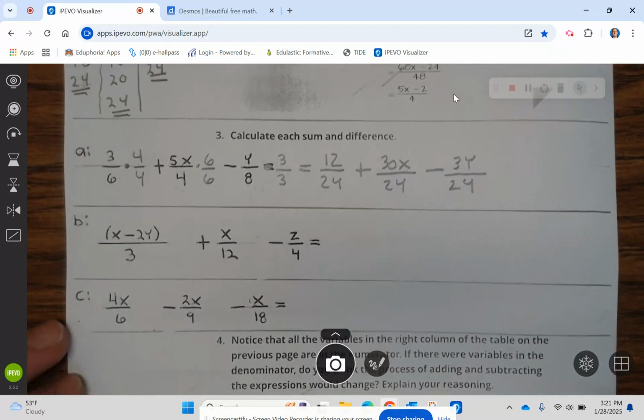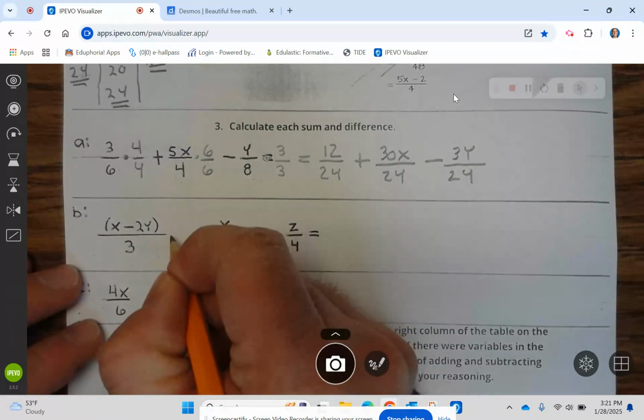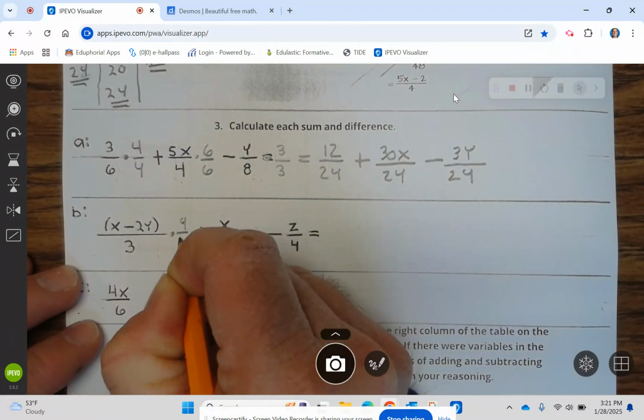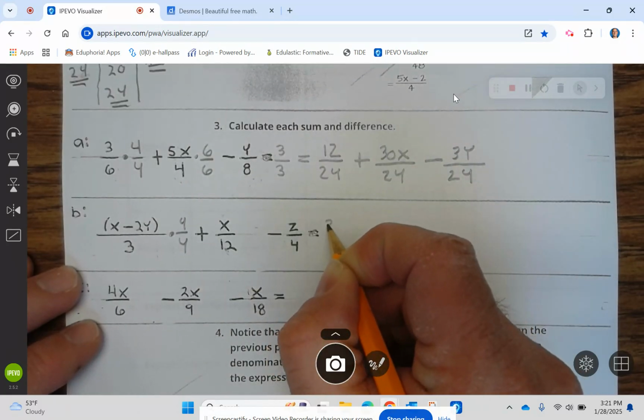All right, let's take a look at B. This is pretty straightforward. 12 is our denominator, so we need to multiply 3 by 4 divided by 4, and this by 3 divided by 3.